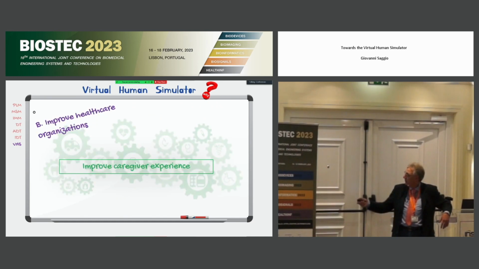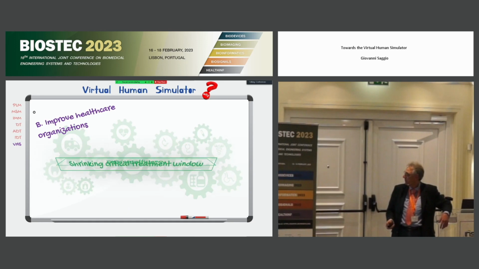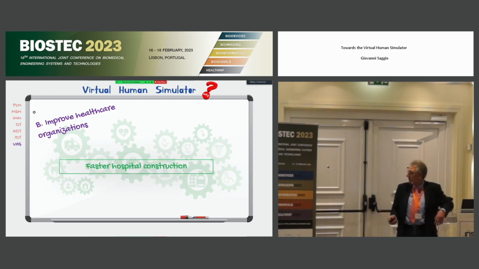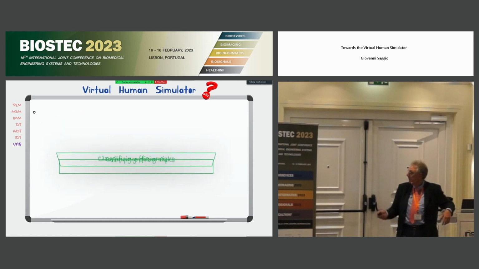As another field, improving healthcare organization: improving caregiver experience, driving efficiency, shrinking critical treatment windows, value-based healthcare, supply chain resilience, the capacity of resistance and recovery, faster hospital construction. We saw the example in China with a video some minutes ago.